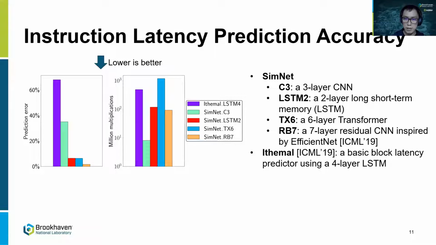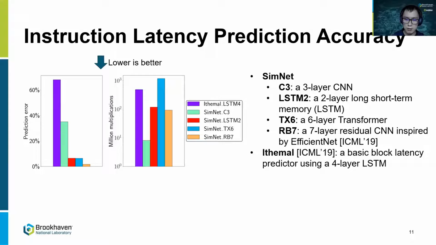For SimNet, we evaluate 4 models. C3 is a 3-layer convolutional net model. We also evaluate a 2-layer LSTM model and a 6-layer transformer model. In the end, we evaluate RB7, which is a 7-layer residual convolutional net model.